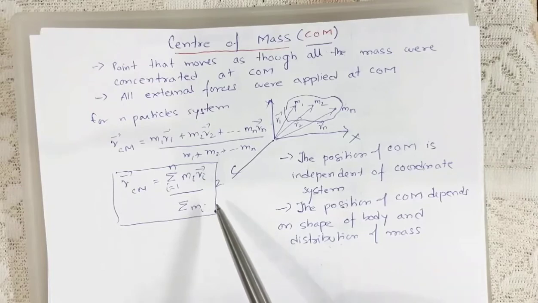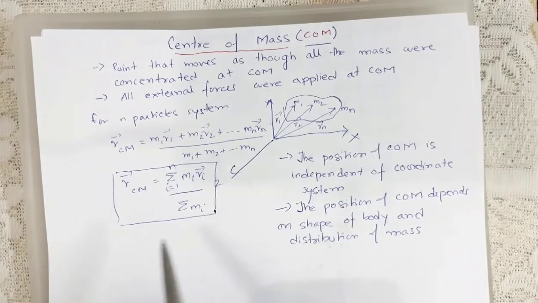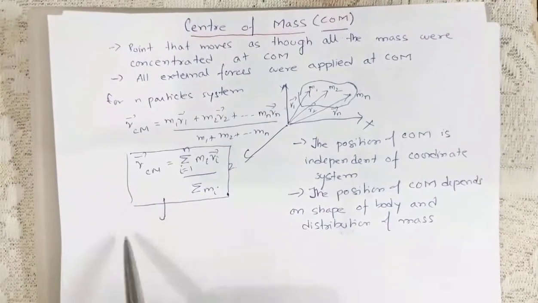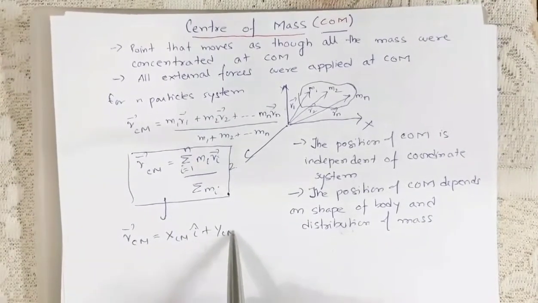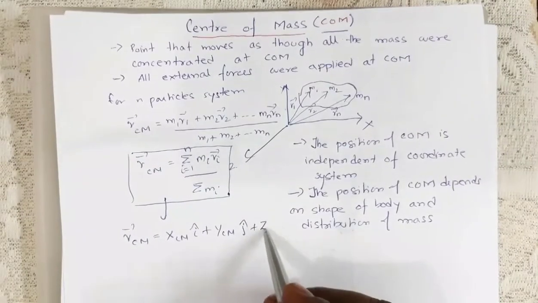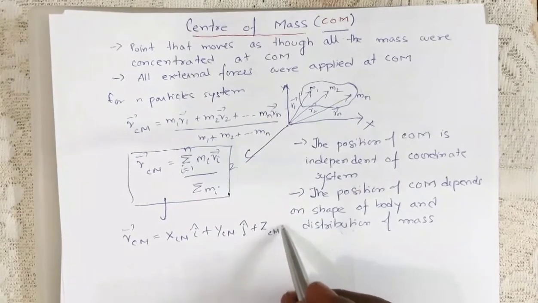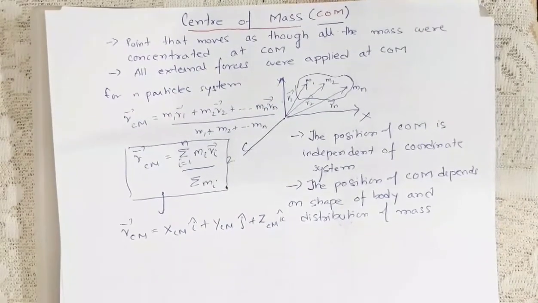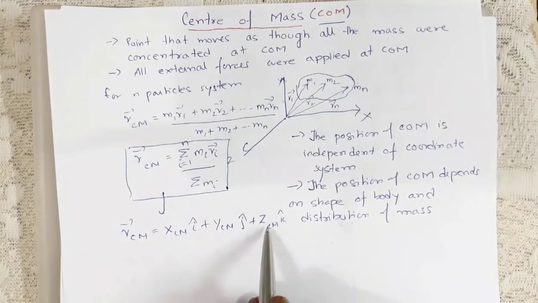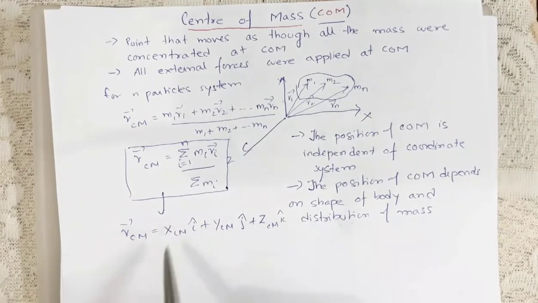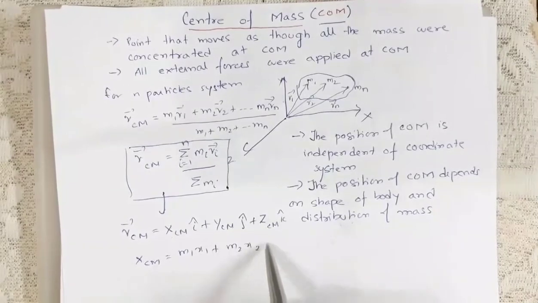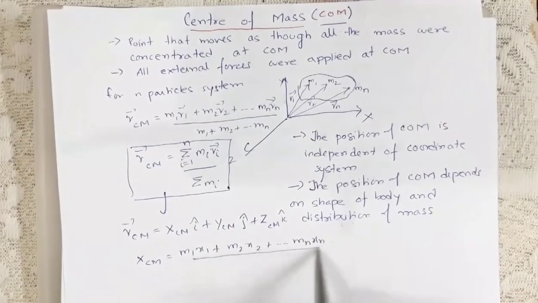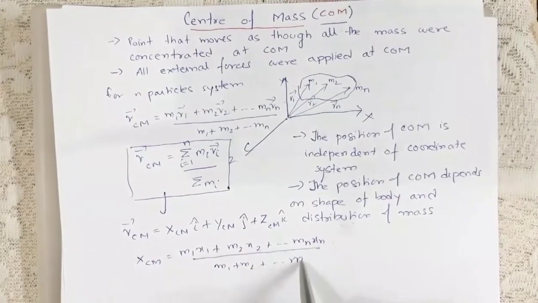I can break this expression for RCM into XCM i cap plus YCM j cap plus ZCM k cap, where XCM, YCM, ZCM are the x, y and z coordinates of the center of mass, such that XCM will be m1 x1 plus m2 x2 and so on, mn xn divided by m1 plus m2 plus mn.